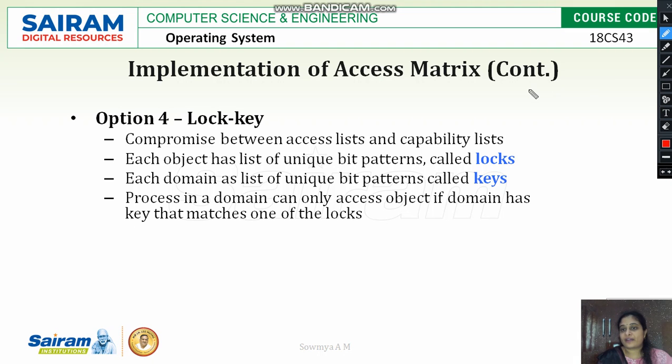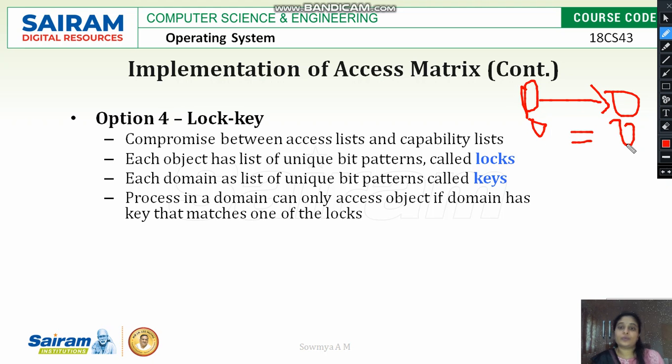So if you have a domain and an object, and the domain has permission to the object, then the domain's bit pattern and the object's bit pattern will be the same. If these two bit patterns are the same, then access is given. If the bit patterns of the domain and object are not the same, then the permission is denied.